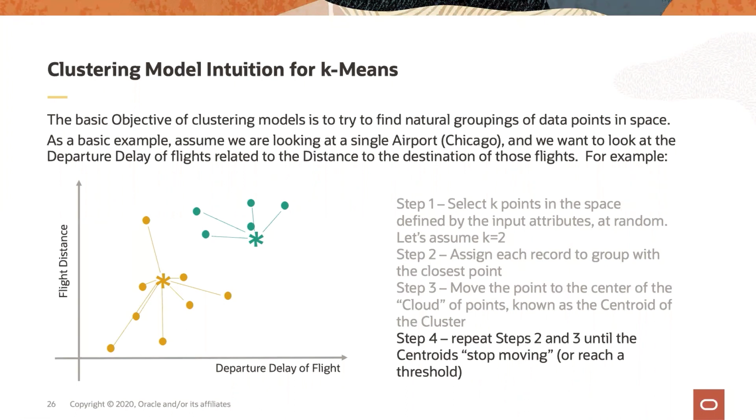So I assign them to the closest one, and I move my point again to the center of the mass, right? So now that I move them again, I redo the training and recheck the distances. And now that lonely point on the top is closest to this one.